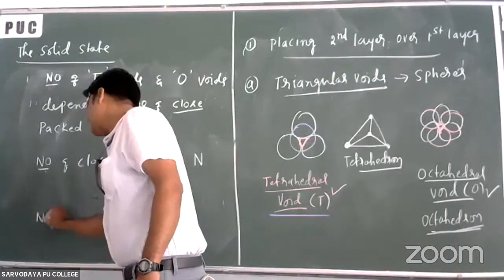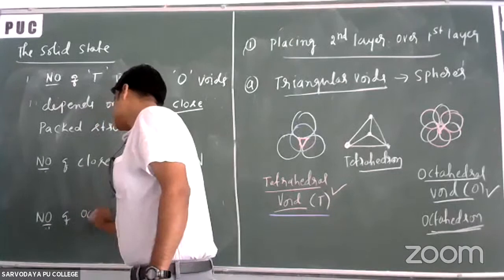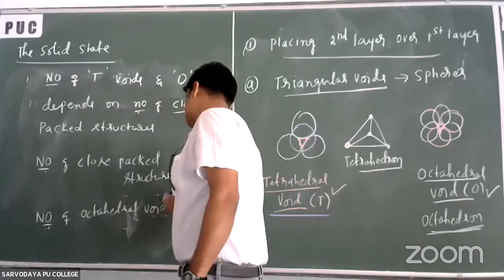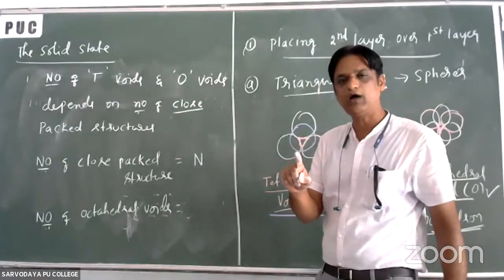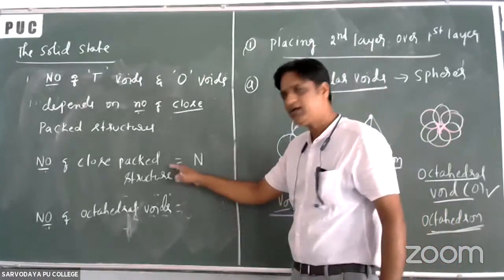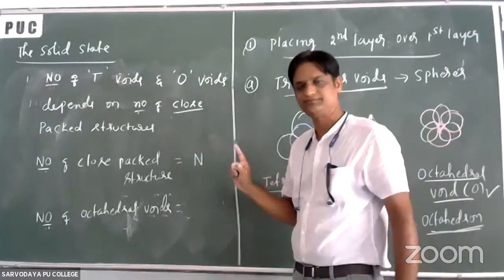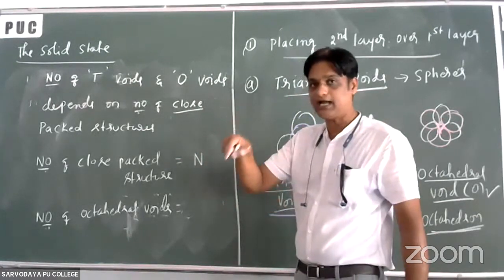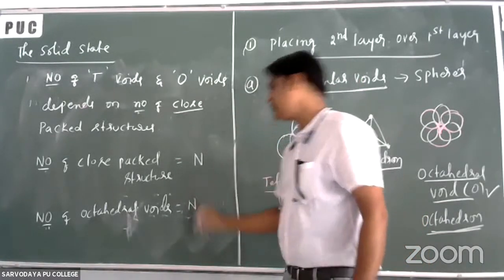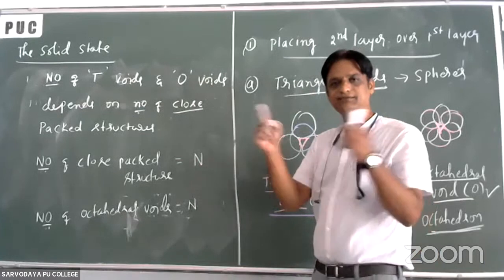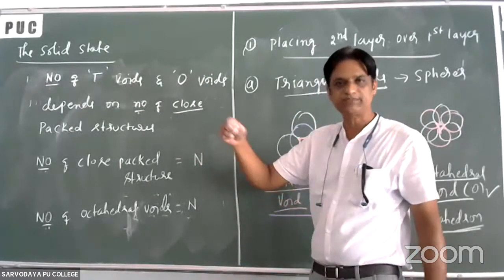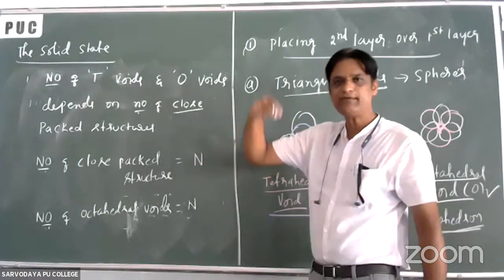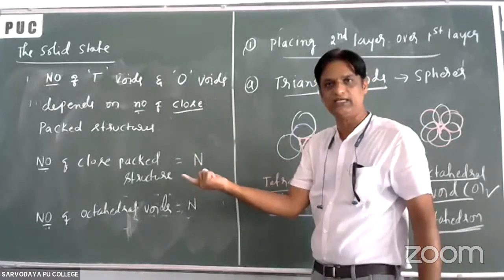The number of octahedral voids produced is equal to the number of close packed structures. Suppose n number of close packed structures are formed, the same number of octahedral voids will be generated. That means n only. For example, say in a crystal lattice, the number of close packed spheres is 100. So how many octahedral voids will be generated? Same as the number of close packed structures, that is 100 only.